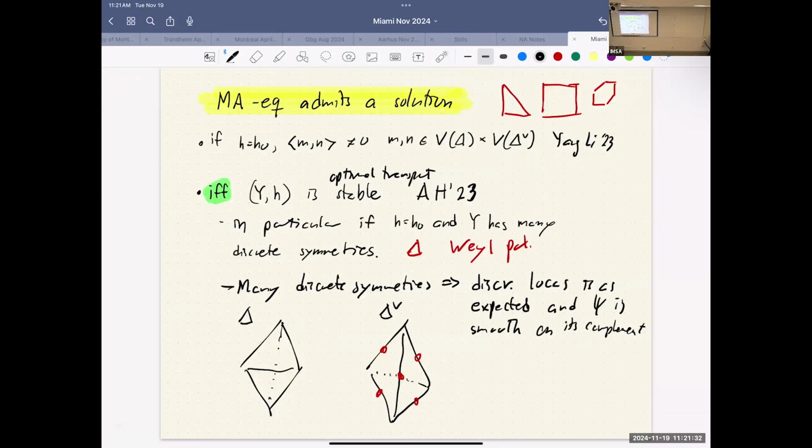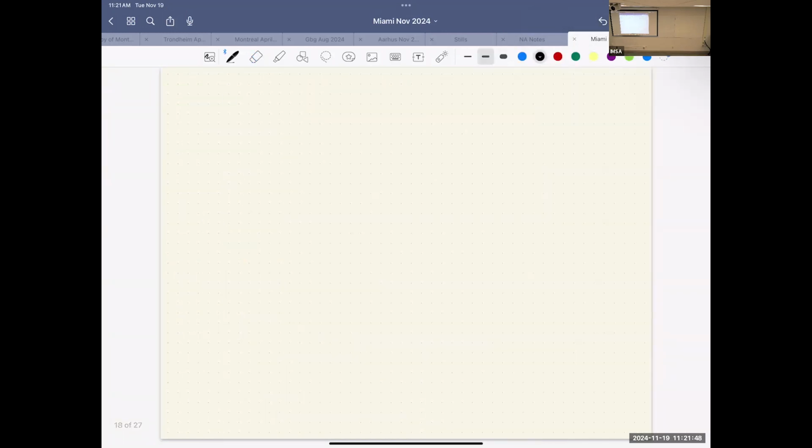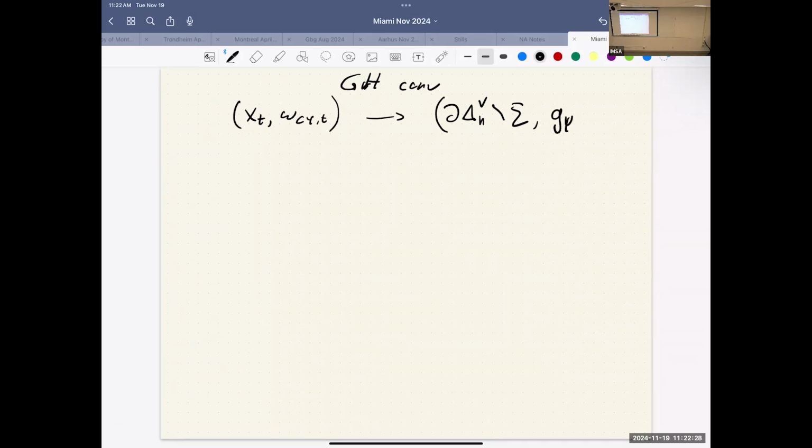So you can ask, for example, if I take my X_t with omega Calabi-Yau, as metric spaces, will these converge to, let's say, the boundary of the dual polytope, where I subtract the discriminant locus, which I'll write sigma, and equip this with the Monge-Ampère metric we had?